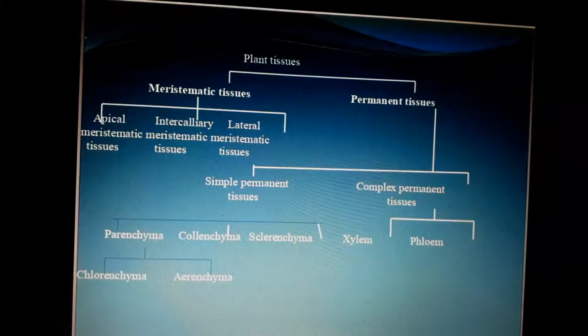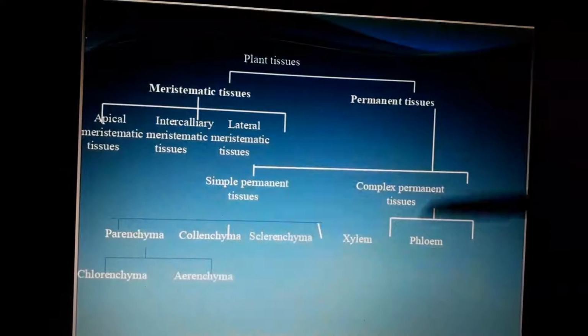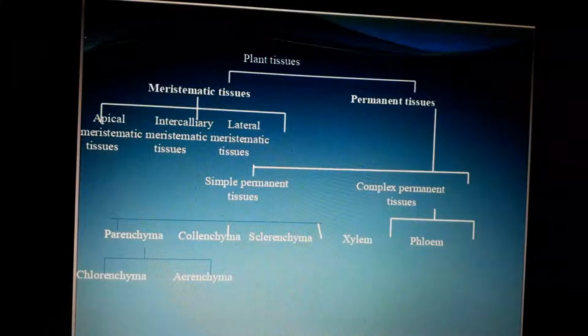Next, simple permanent tissues are again divided into three. No, actually four, but it's not written here. Parenchyma, collenchyma, sclerenchyma. Pronounce that: paren, colon, scleren. Parenchyma, collenchyma, sclerenchyma. You must study that.